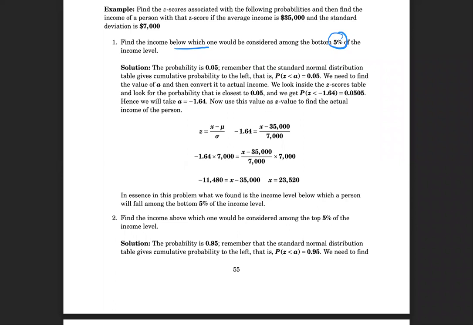I would like to see what is the income level for someone to fall among the bottom 5% of the society. Maybe you could implement or introduce programs and services for those people, or maybe even provide them special guidance or special help. The same question could be asked at a college or a university or at a school.